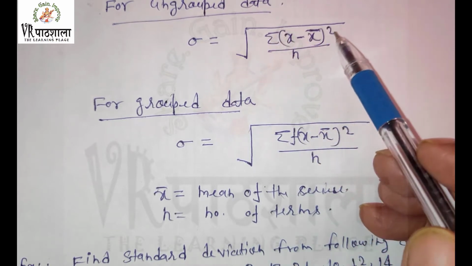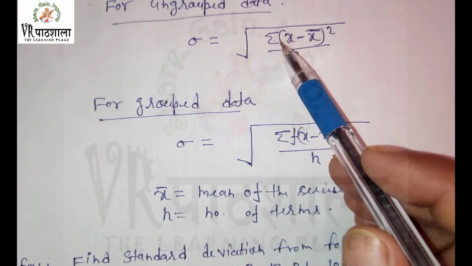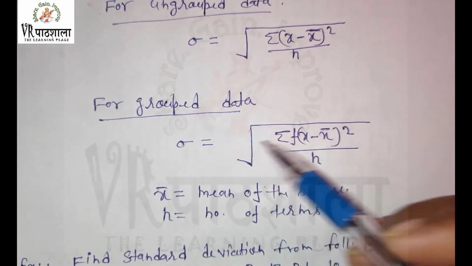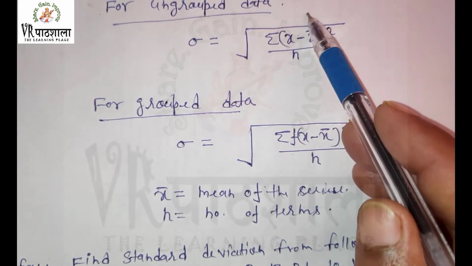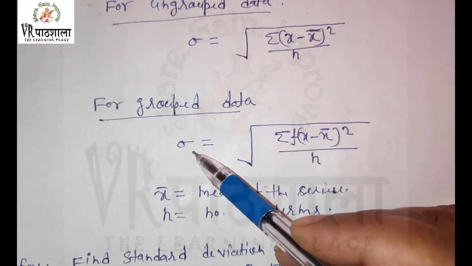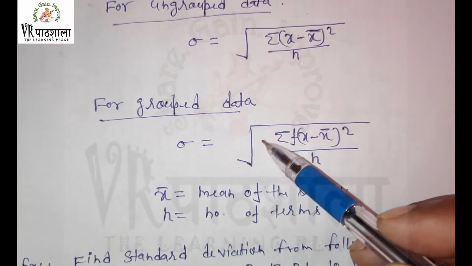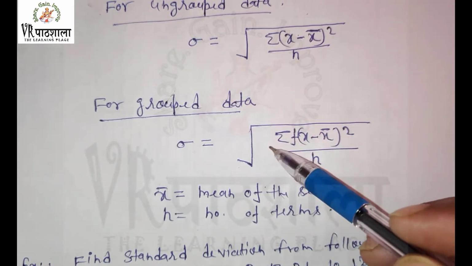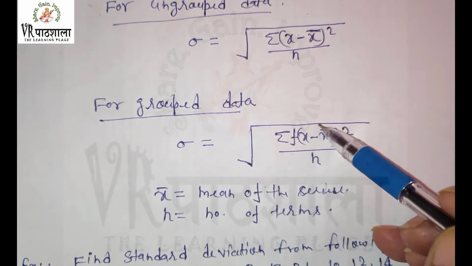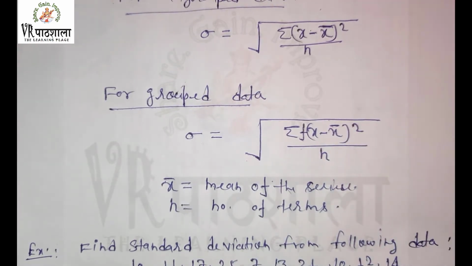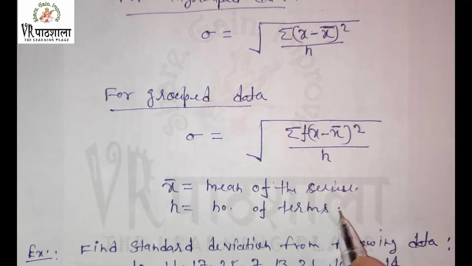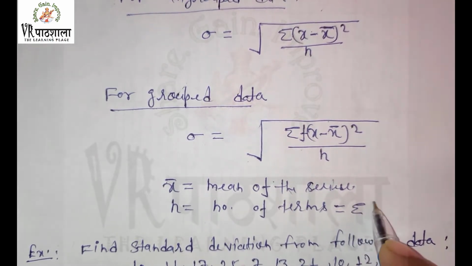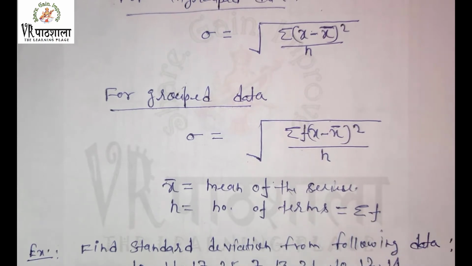So the standard deviation for grouped data is given by under root summation f into (x minus x bar) square upon n, where x bar is the mean and n is the number of terms. In grouped data, n is defined as summation f, the sum of frequencies.